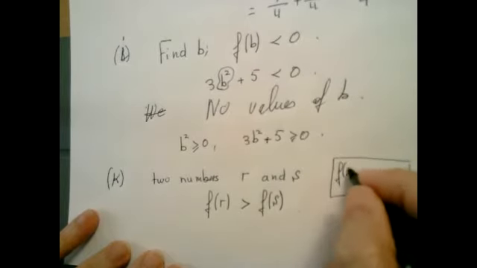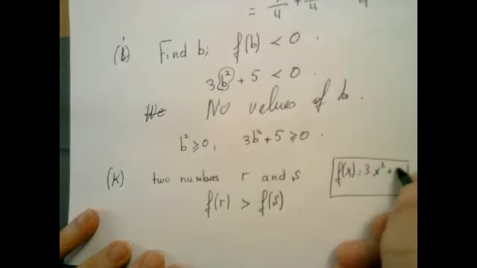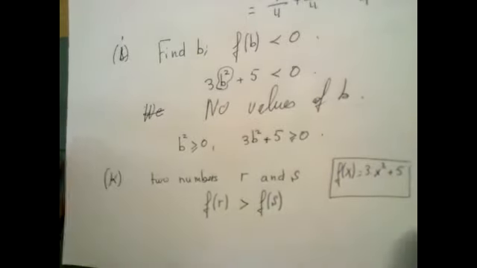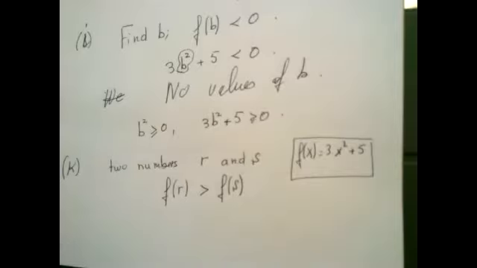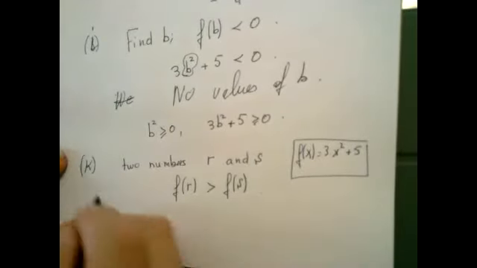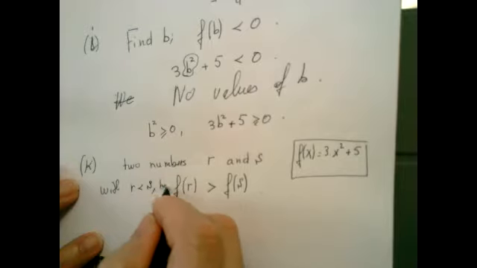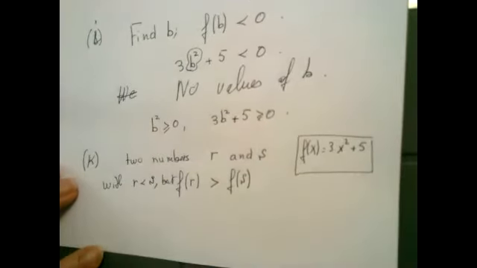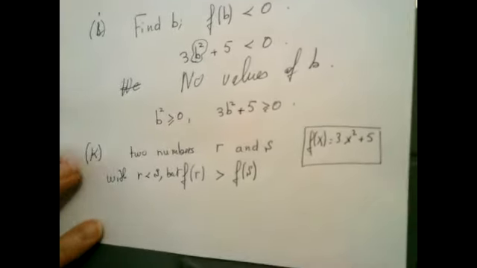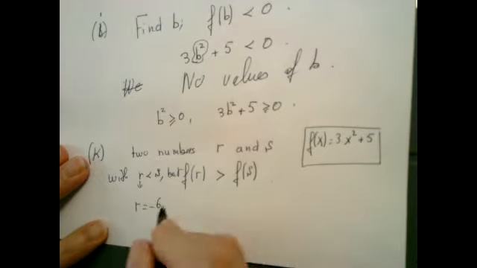F is 3 times x squared plus 5. Can you give me 2 numbers, R and S, with R less than S? So R is smaller, but f of R is larger. All right, so some students tell me to take -6 for R, and take 2 for S.